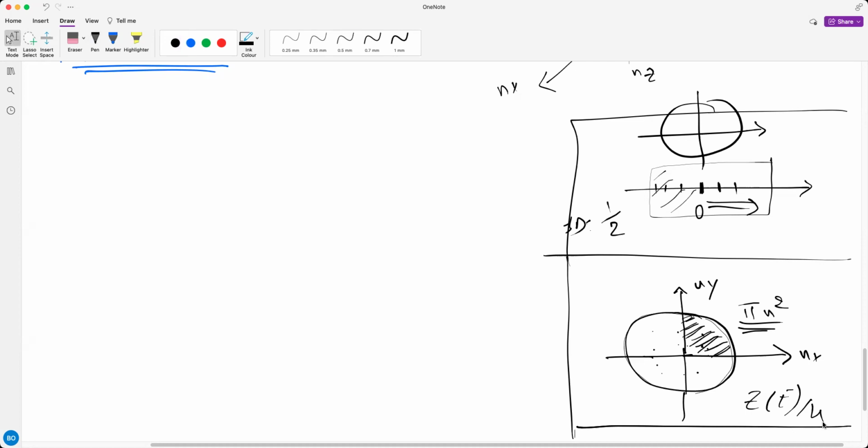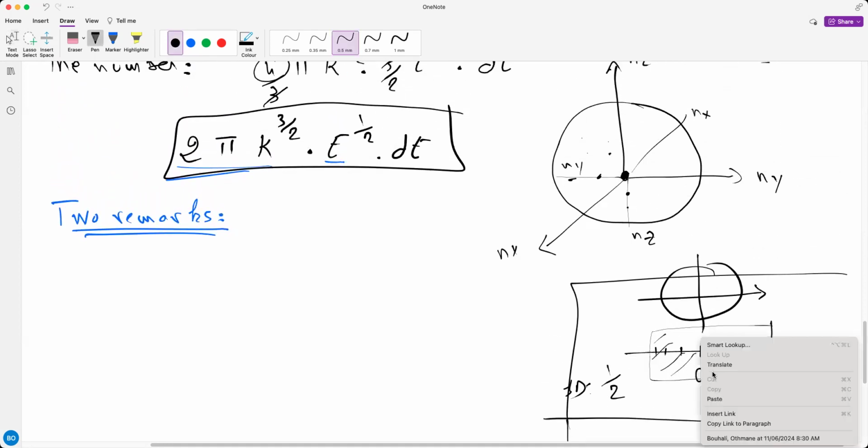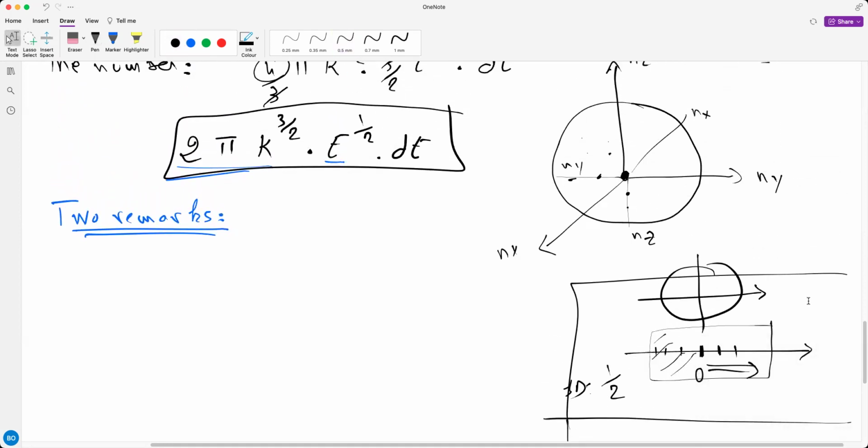So this is 2D. Now, if I go to 3D, in your opinion, I should divide by how much? 8. I should divide by 8.